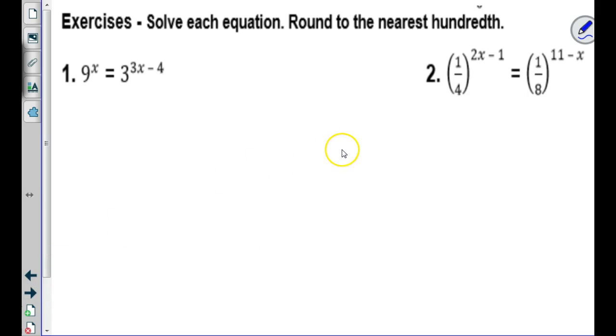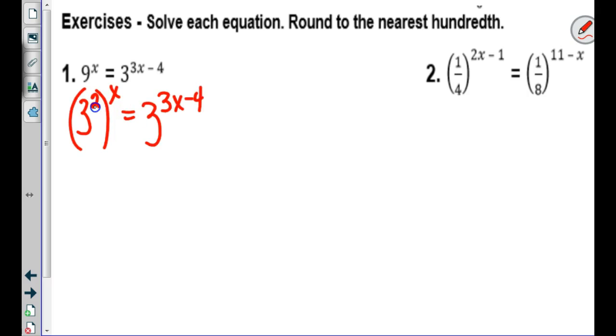All right, we are going to do these together right now quickly. What can we write these both as powers of? We want to solve this exactly if we can, and these are both powers of 3, so we don't want to do logs. This is a 3 squared, so what do we do with that 2 and the x?